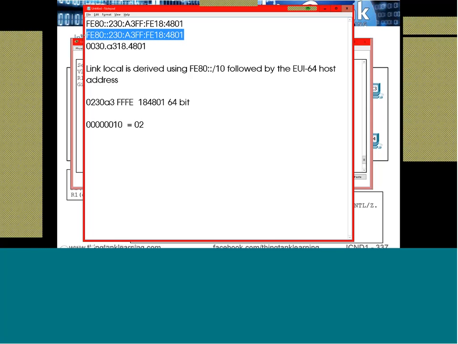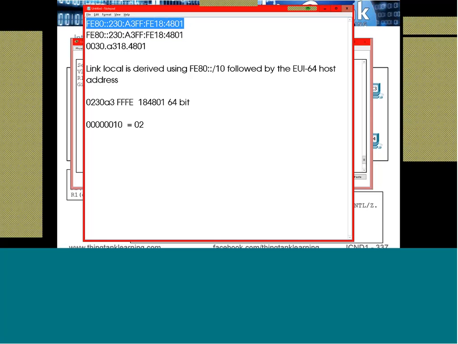So personally, I don't particularly care to see link local addresses like this in all my databases. Honestly, it's a little bit hard to read, and looking at those link local addresses can be difficult if you have lots and lots of interfaces.